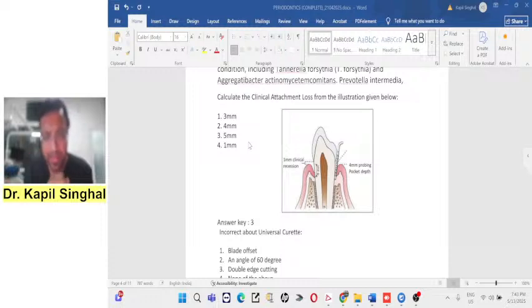So now in this question you can see the probing depth here. Probing depth is from the crest of marginal gingiva to the base of the sulcus. So that is given here is 4 mm, and he has mentioned 1 mm is the recession, means from CEJ to the crest of the gingiva. So we need to just total this to get the clinical attachment loss. It's a simple straightforward question. You have done these kind of questions during the class also. So the answer here would be 5 mm. Okay.